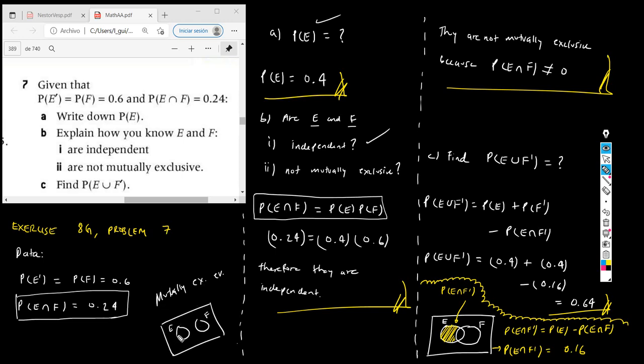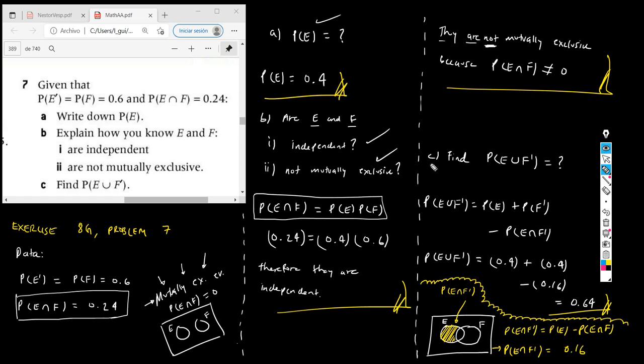This diagram tells you right away that the probability of the intersection should be zero for mutually exclusive events. So, if you have that the probability of the intersection of two events is not zero, that tells you that they are not mutually exclusive events. So that's what we have in here. The probability of the intersection of E and F is not zero, therefore it follows that they are not mutually exclusive events. And that takes care of this question.